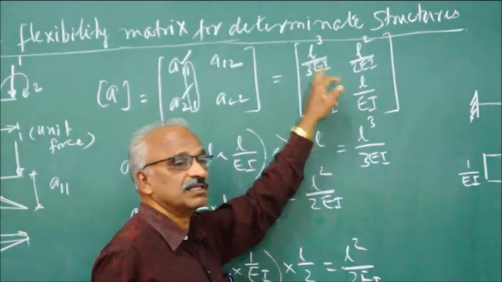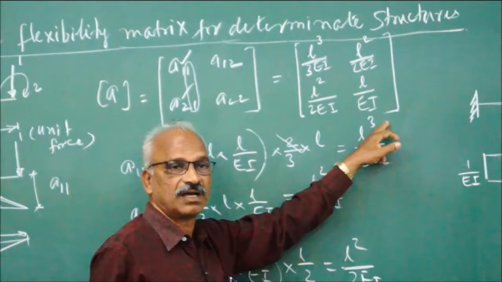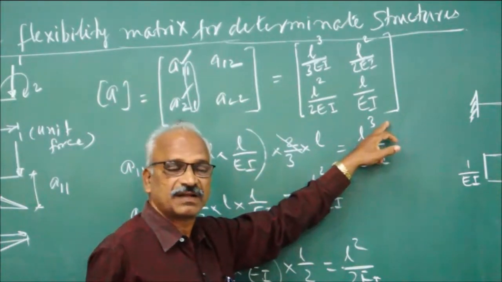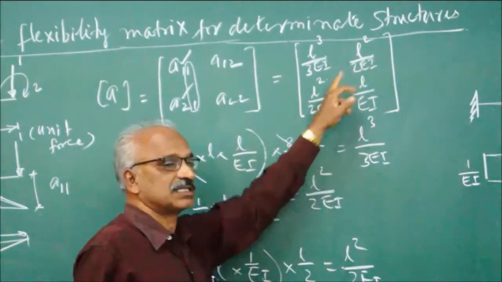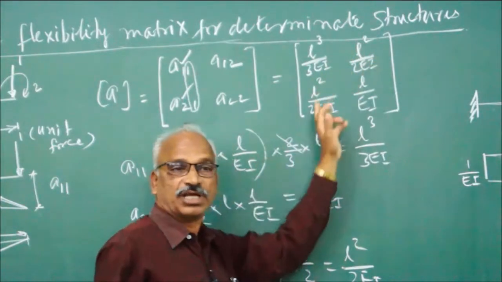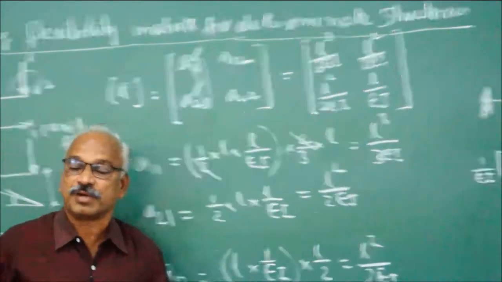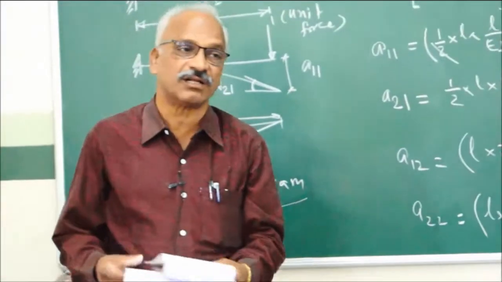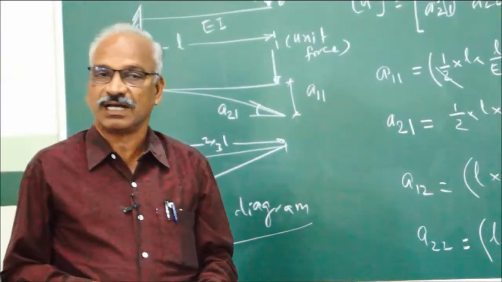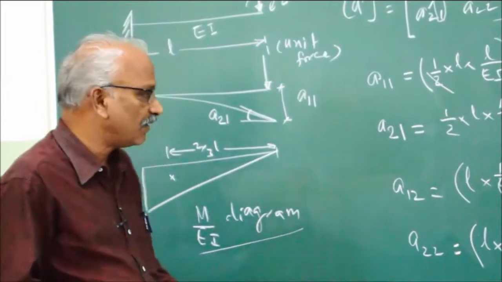So this is positive, this is also positive. The other one is, it is a symmetric matrix. A12 equal to A21. These are some of the properties of the flexibility matrix that we have to understand. So that is the first example.